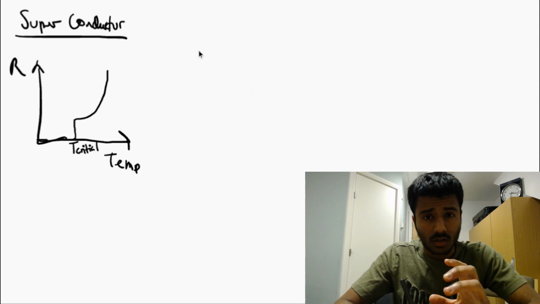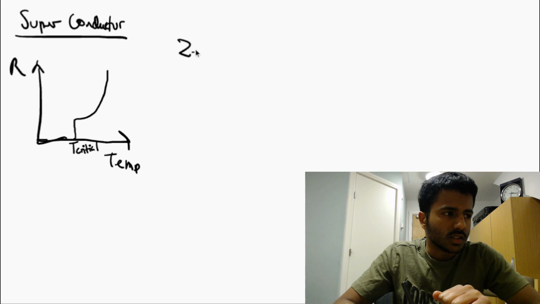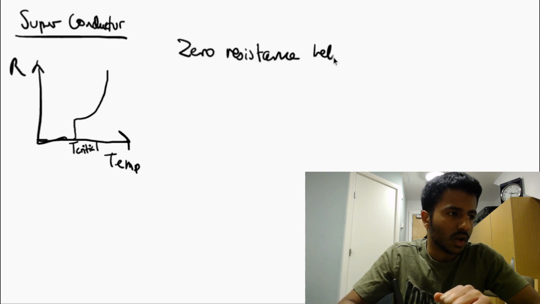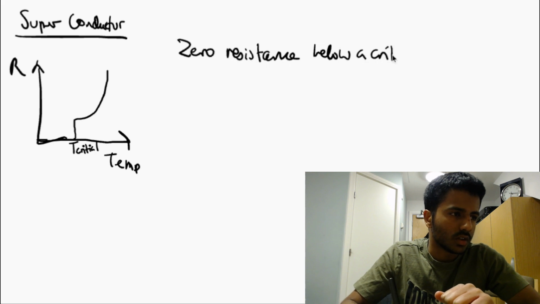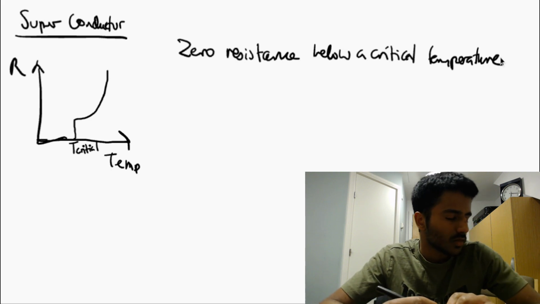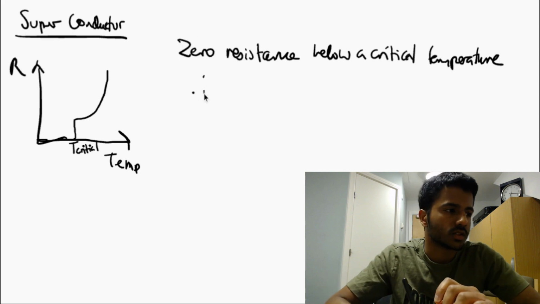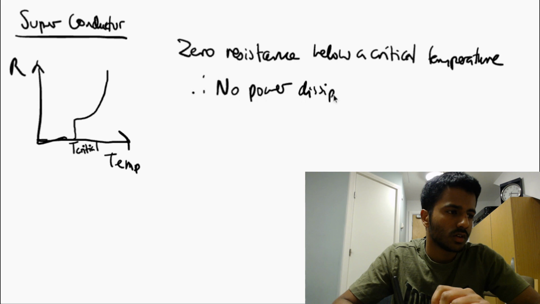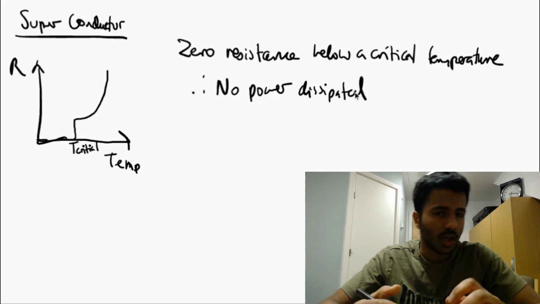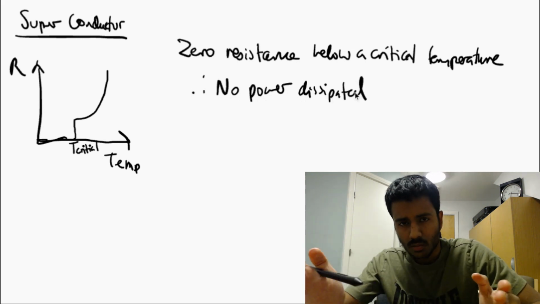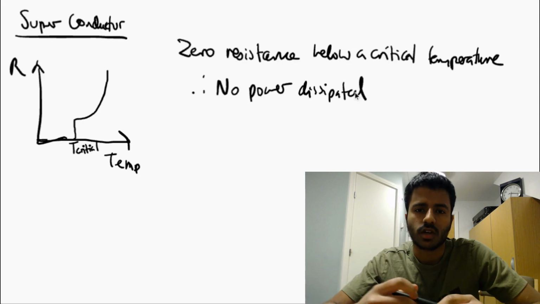So for a superconductor, it has 0 resistance below a critical temperature, which means that no power is dissipated in this superconductor below that temperature. But as you can see, when you pass that temperature, the resistance increases very rapidly.